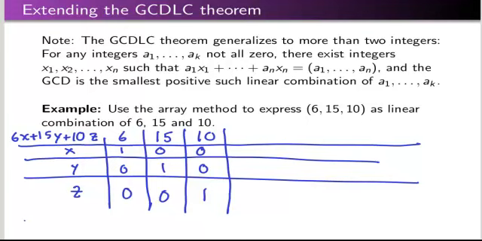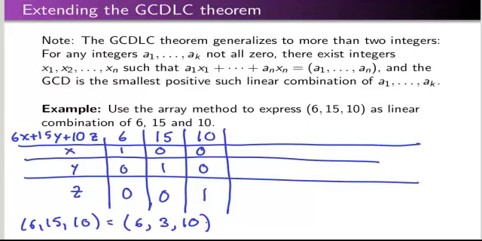So you're thinking to yourself, calculating this GCD, and I'm going to knock down the 15 and the 10 by subtracting the multiples of 6 from these numbers. So let's subtract 2 6s from 15 to give me down to 3. And let's just do it one step at a time.